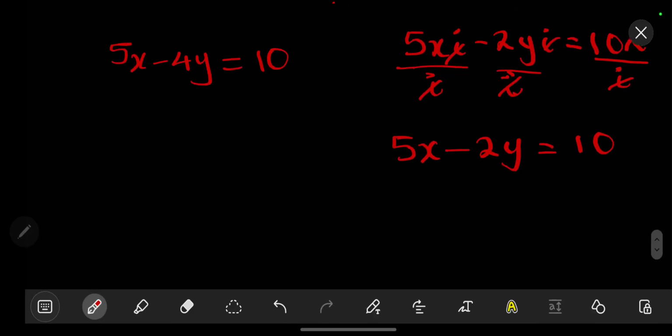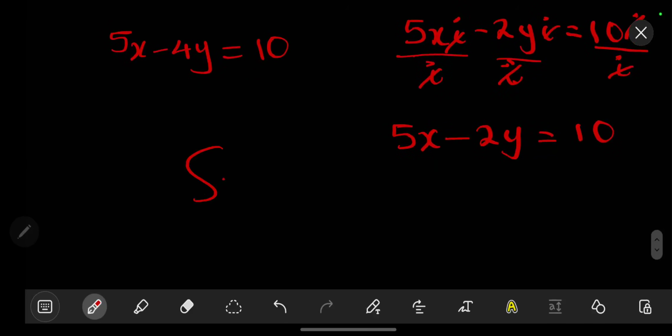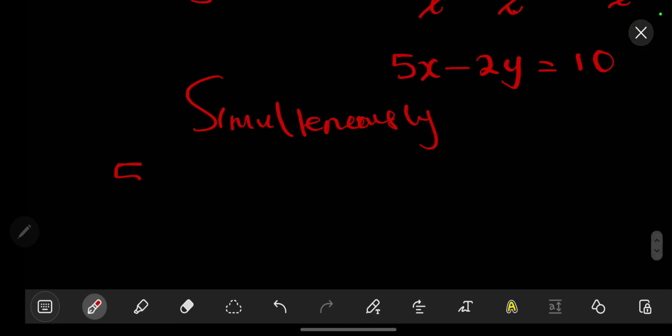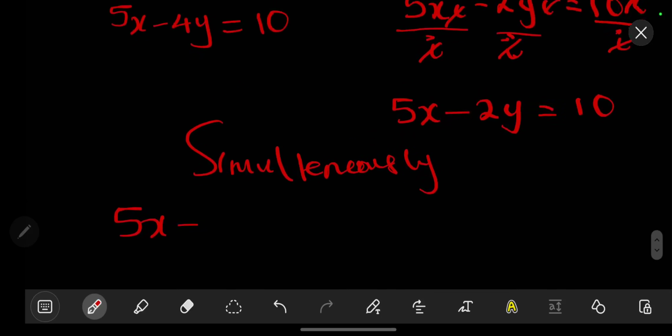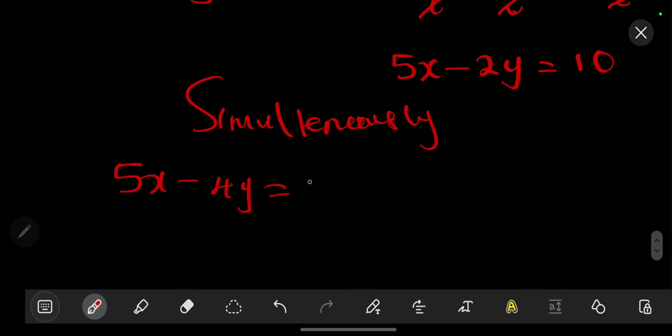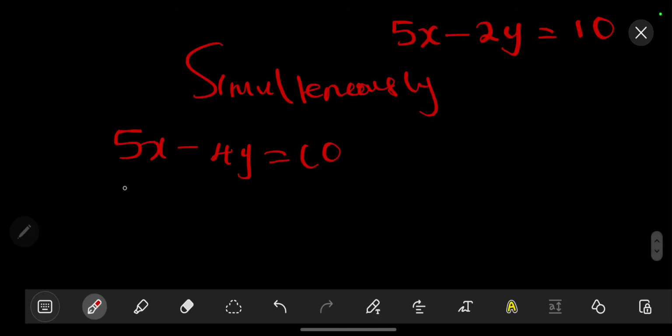Then we are going to solve these equations simultaneously. This gives us 5x minus 4y should be equal to 10. Then this other one, we have 5x minus 2y should be equal to 10.